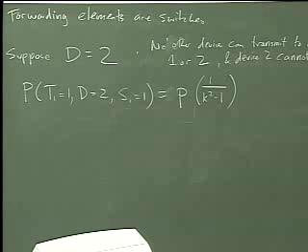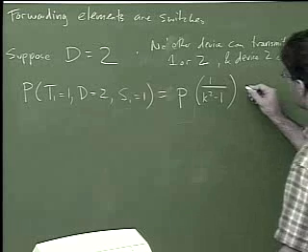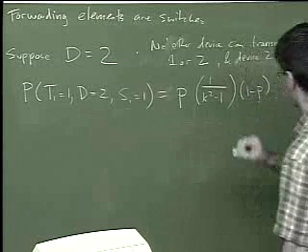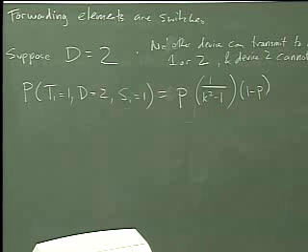No other device can transmit to device 1 or 2, and device 2 cannot transmit. So device 2 cannot transmit. That's 1 minus P. And every other device cannot transmit to device 1 or 2.